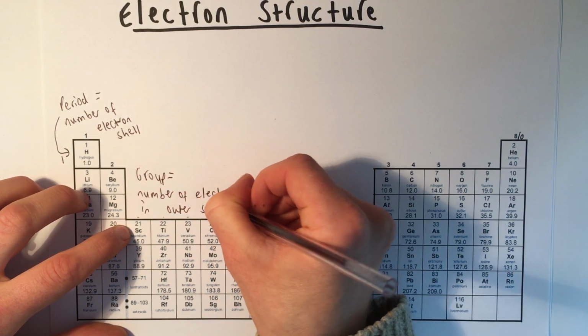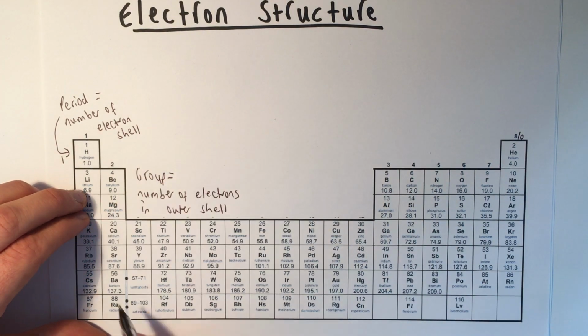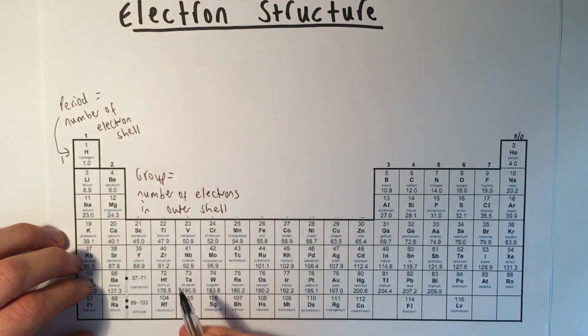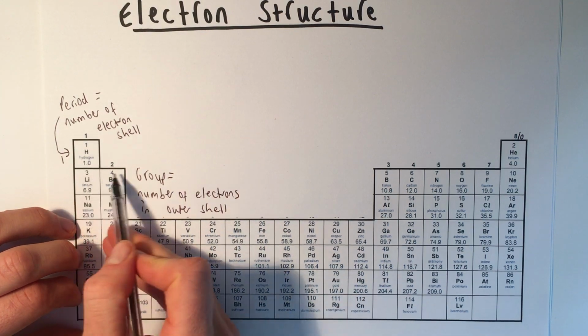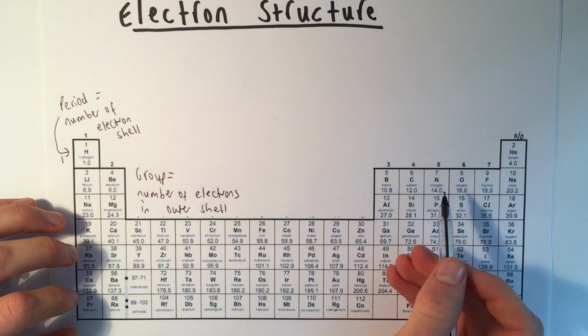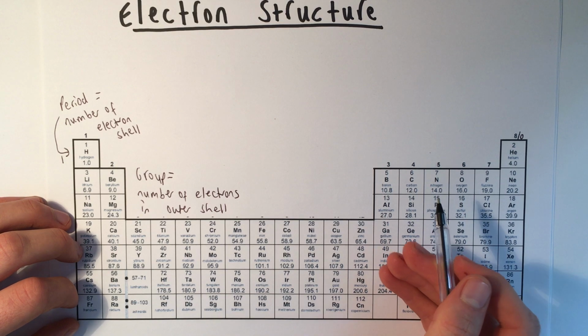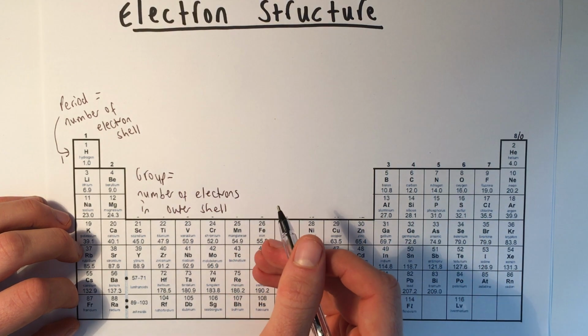So if something is in group 2, that means it's got 2 electrons in its outer shell. The only other bit of information we need for this is the atomic number for each element tells you how many electrons, because it's the same as the number of protons.